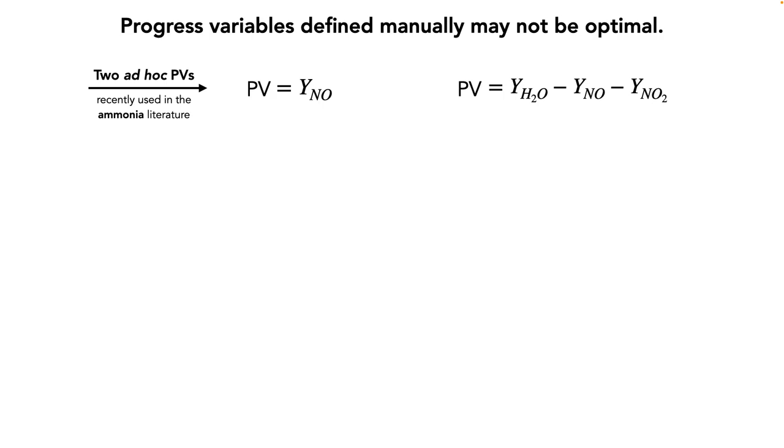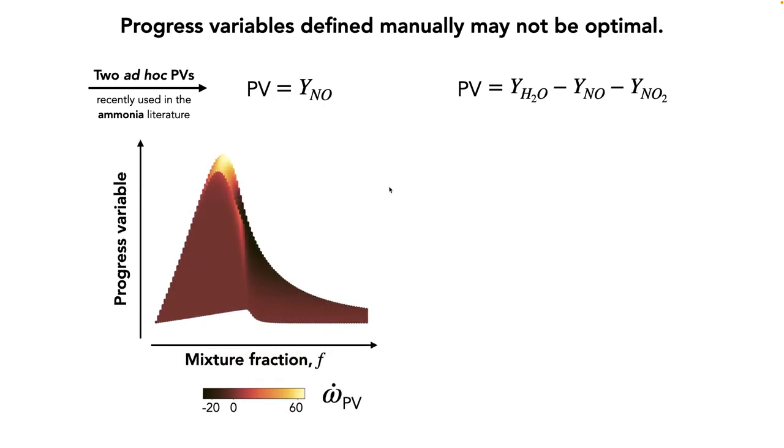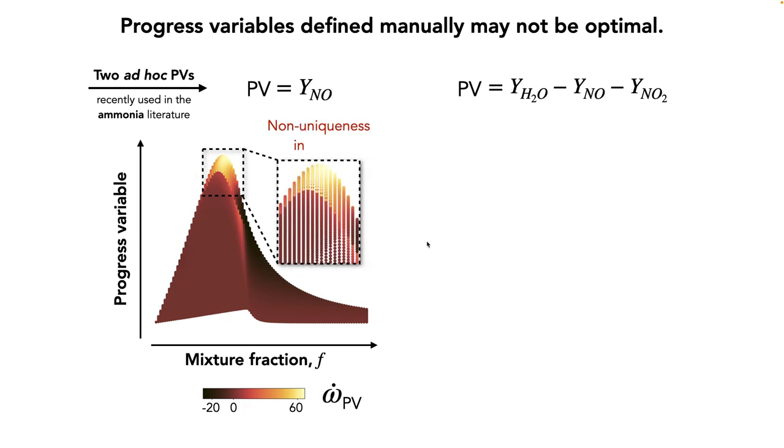And in this work, we show that the two ad hoc definitions used in the ammonia combustion literature can exhibit some problems. For example, this definition, which is simply the mass fraction of NO species, doesn't work for this particular combustion dataset because it leads to non-unique parameterization in the 2D space spanned by mixture fraction and PV.